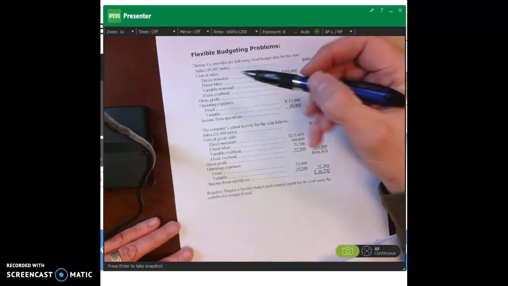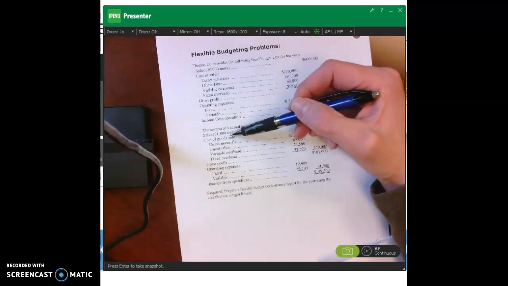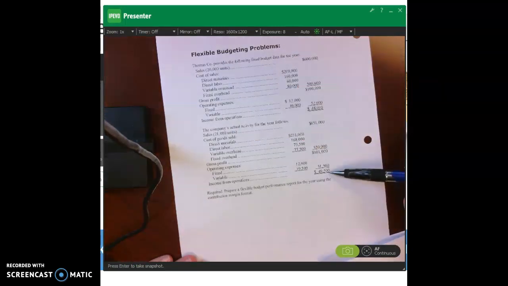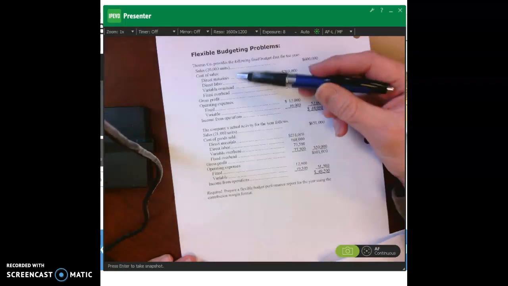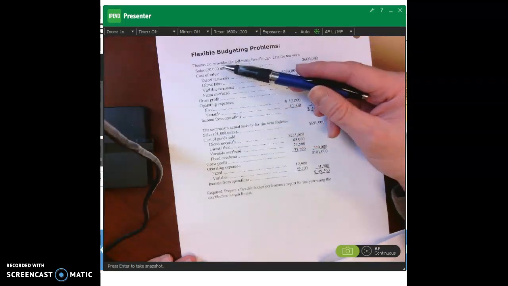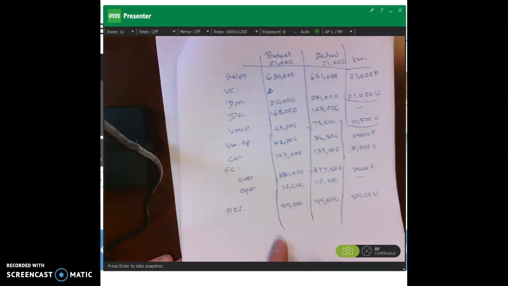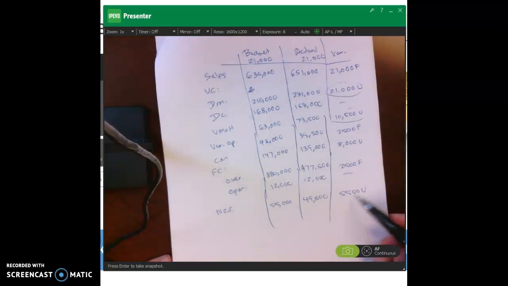Hold on. That was at 20,000 units. So you actually did 21,000 units, and that's why your profit was higher. So if we take out that 1,000 unit difference in volume and we redo the budget at 21,000 units, we see that the manager didn't do as well as they claim to be doing.